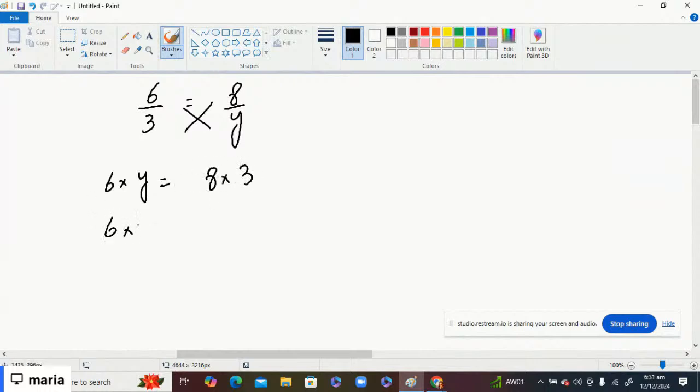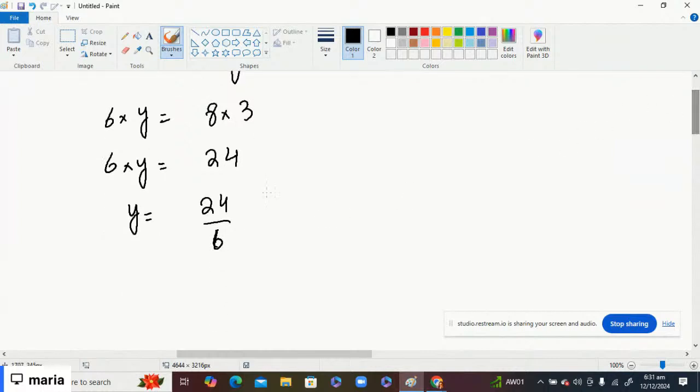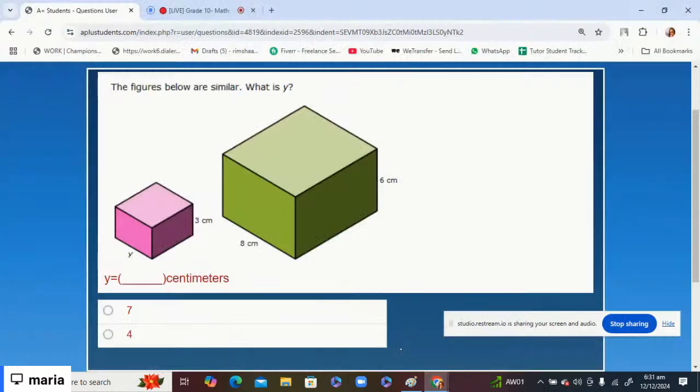Now 6 times y as it is. 8 times 3 is 24. So y is here, 6 is multiplied. Now here it's divided. 6 times 1 is 6. 6 times 4 is 24. So your value of y is 4. Let's see, is there any answer for 4? Yes, it's here.